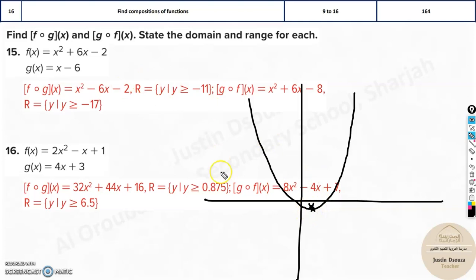Now we need to find the vertex. How can we find vertex of this? So vertex is basically given by the formula negative b by 2a. You must have remembered, you have done this before. This was when you learned about parabolas, this quadratic.